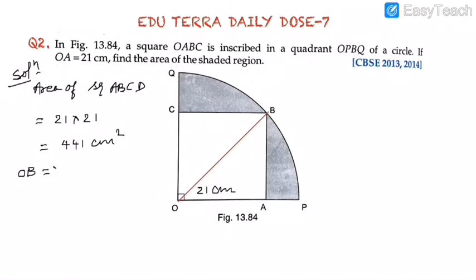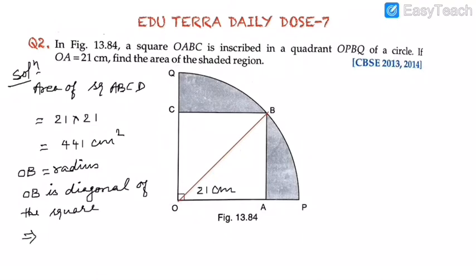We know the relationship between side and diagonal of a square: the diagonal of any square is side root 2. If you apply the Pythagoras theorem, OA square plus AB square equals OB square, the same value will come. So OB equals the radius and OB is the diagonal.